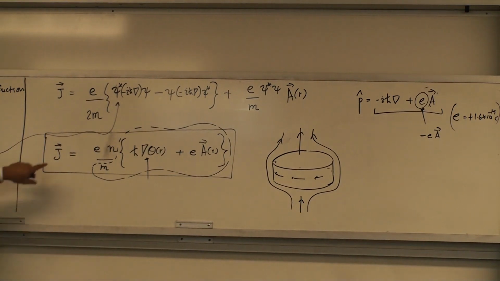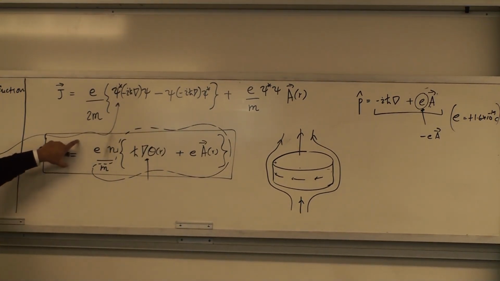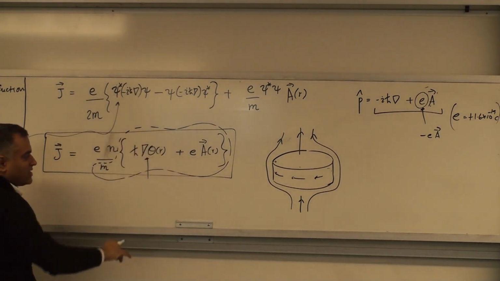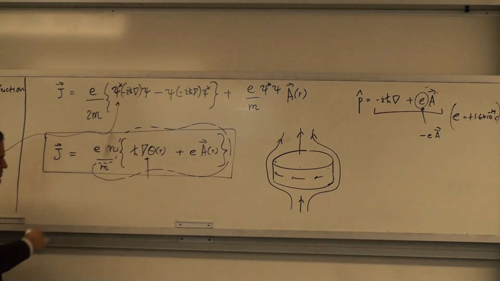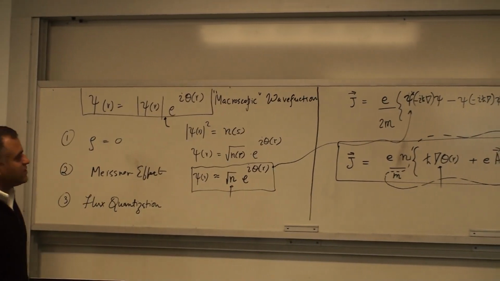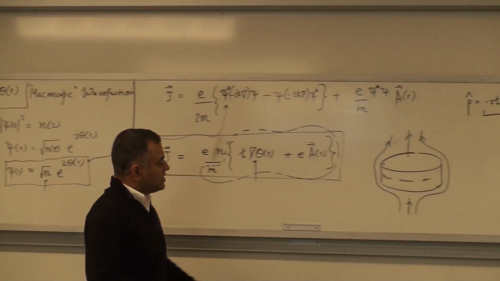I don't want to derive this, but if you look back at the last class, from here we derived the fact that there must be a London depth and all that sort of thing. We derived that from this argument, so I don't want to redo it. But there were some questions in the last class about this discussion of flux quantization, and I just want to show that.